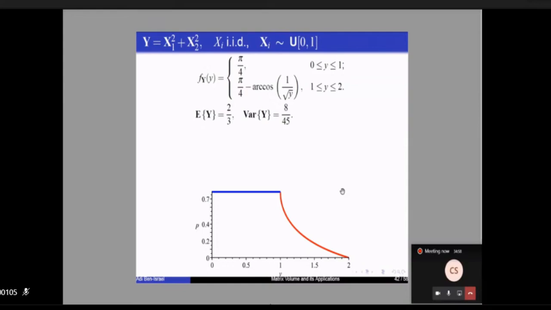What we do is calculate the length of this arc, of this quarter of a circle, and divide by 2. This is pi over 4. So when y is less than 1, we get the full quarter circle. But when y is greater than 1, then we only get part of the quarter circle, and this is the part that appears in the formula pi over 4 minus the arc cosine.